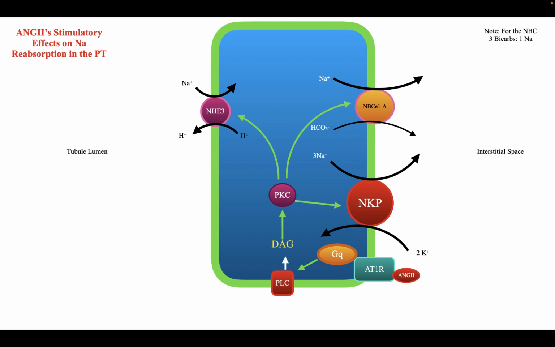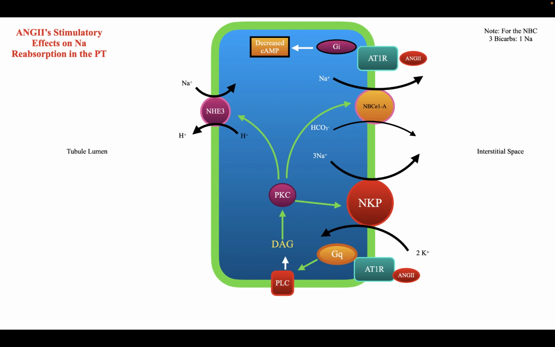In addition, on the basolateral membrane, we also have another AT1 receptor that is coupled to a GI protein. So when angiotensin 2 binds to this AT1 receptor, it activates the GI protein, which inhibits the enzyme adenylate cyclase. This causes the amount of cyclic AMP in the cell to decrease.